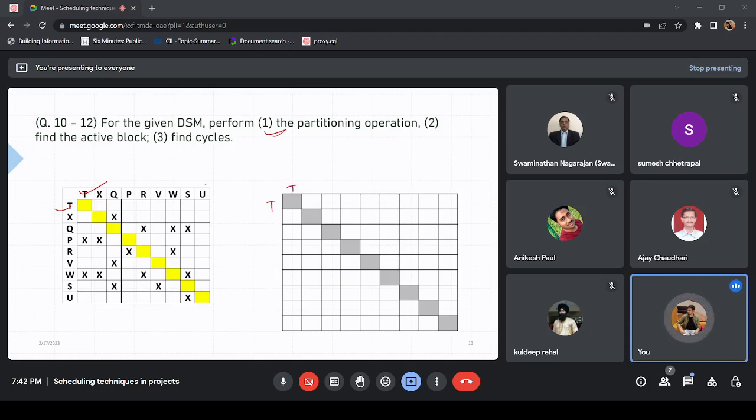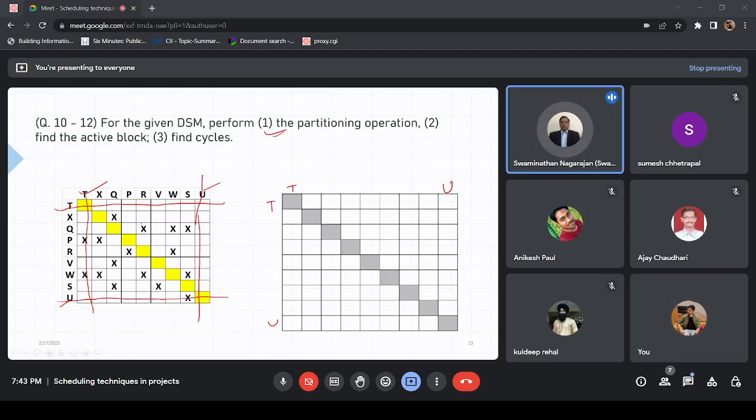Any empty column? U becomes your last activity. Anything else now? This will be quite clear. Any other empty row or column? No.